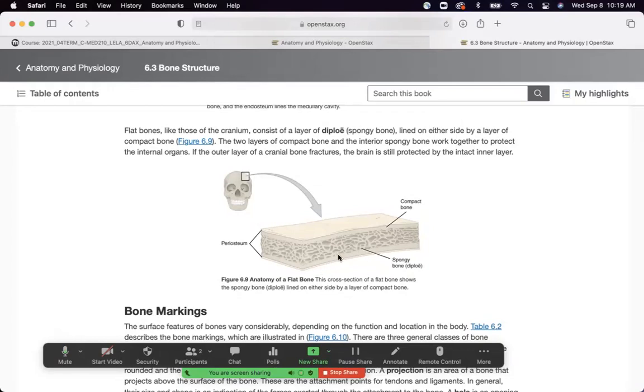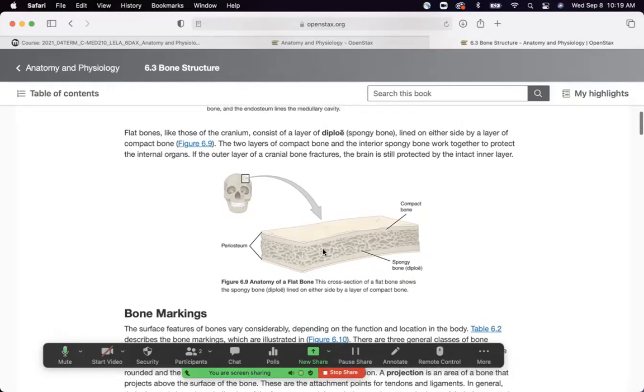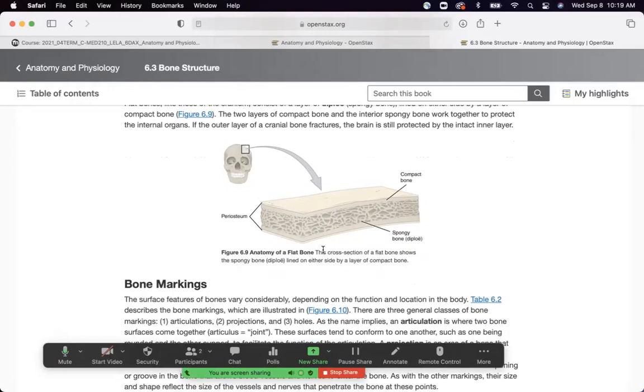You see how it's sandwiched between something hard, something semi-hard, something trabecular or spongy, and then it's like a sandwich. So that's how your bone maintains its light weight and a significant amount of strength.